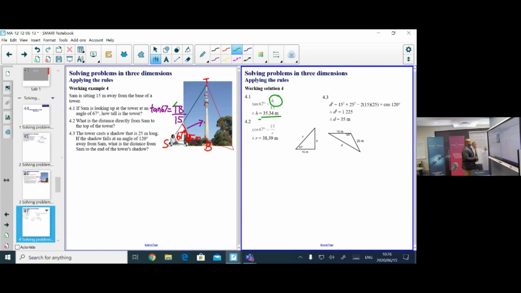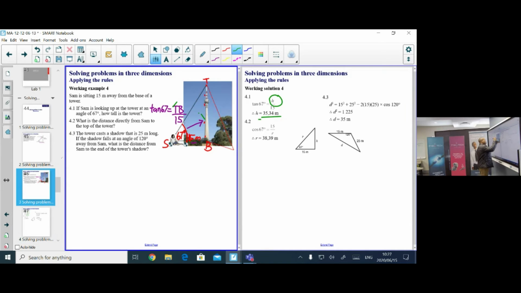So Sam is seated 15 meters away, but the whole tower is 35.34 meters. It's good to label this on your diagram because you might need it for the next question.